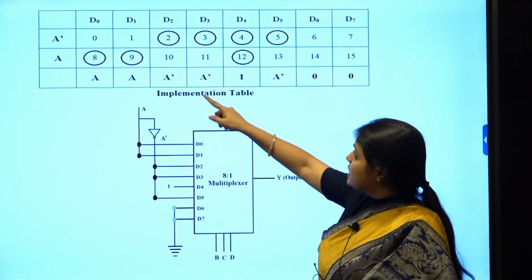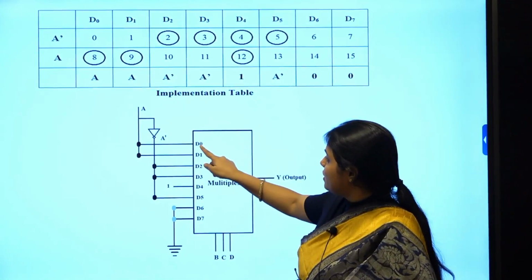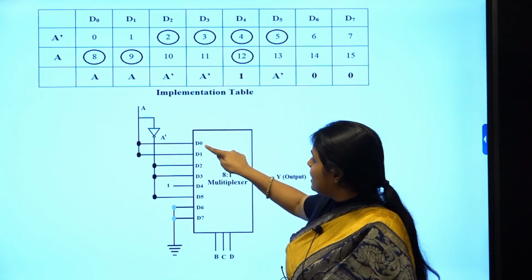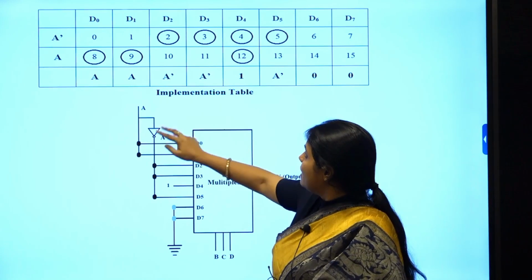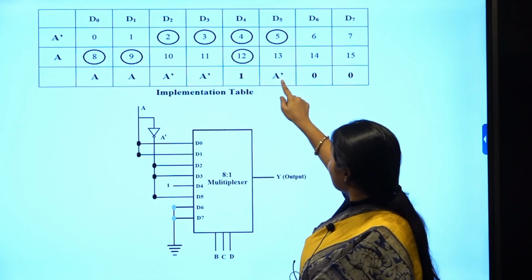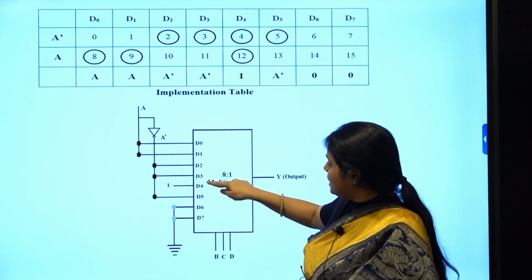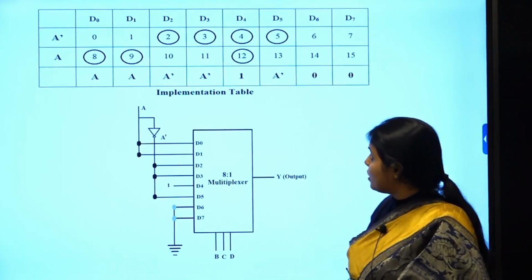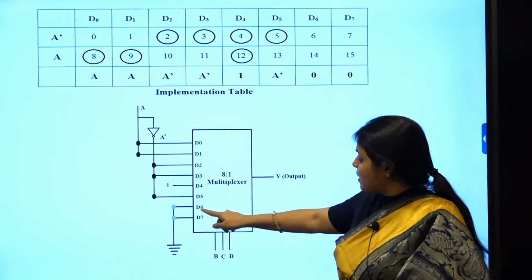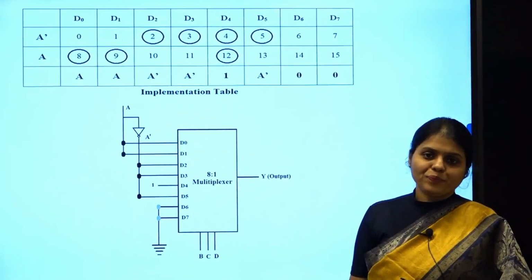Now look at this. D0 and D1 are connected to A, D2, D3 and D5 are connected to A bar, D4 is connected to 1, D6 and D7 are connected to 0.